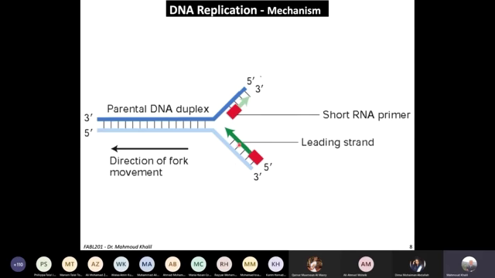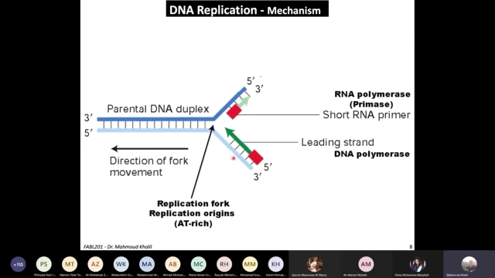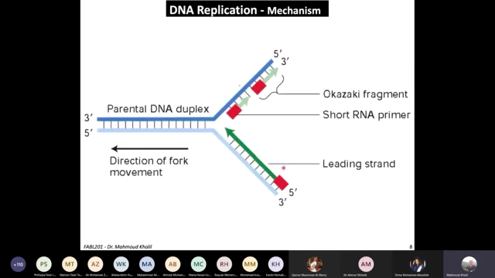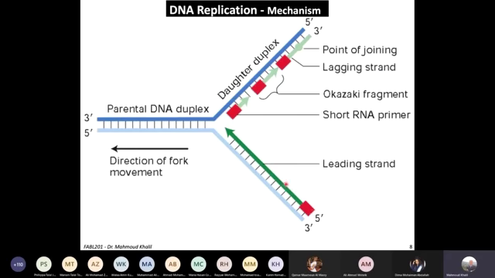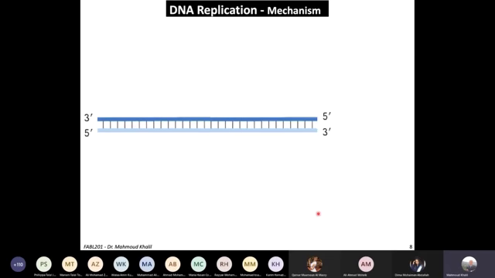After that, you have two template strands. On this template strand, the primer is initially made, and the polymerase starts to work in this direction. As we said, DNA replication always occurs in the direction 5' to 3'.